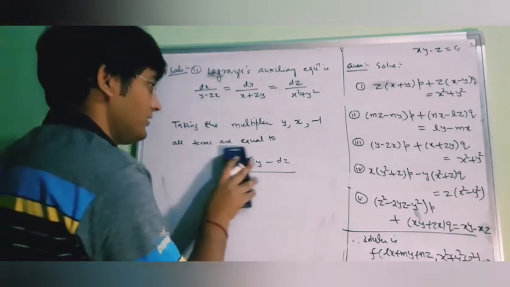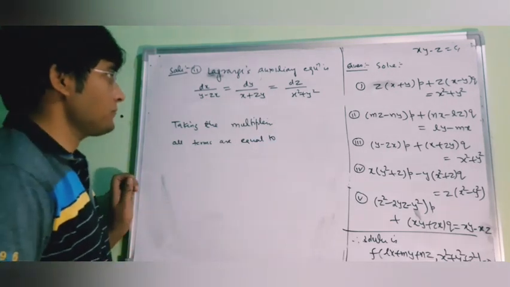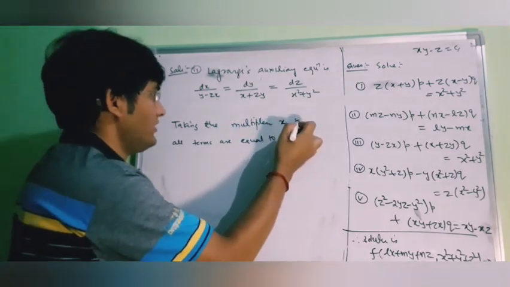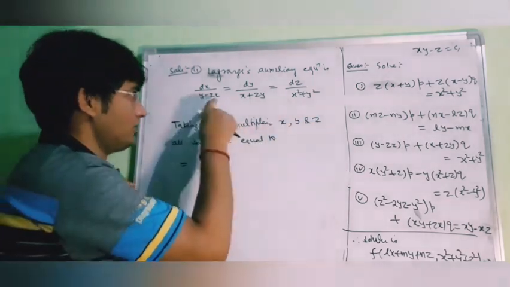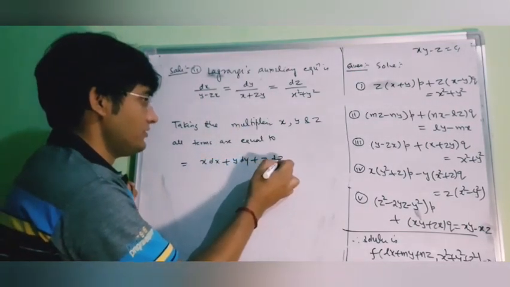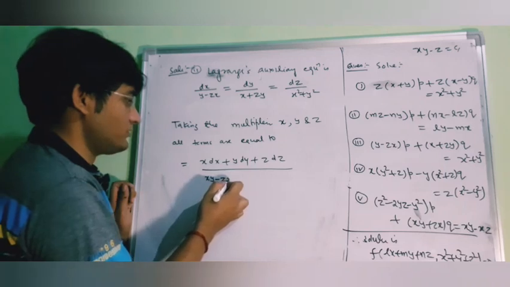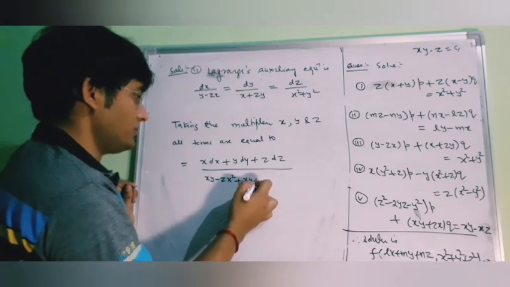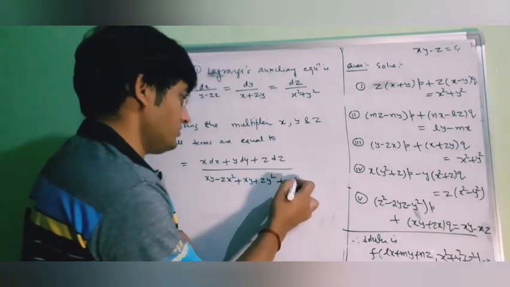Now let us guess another multiplier. Now if you take the multiplier as x, y and z, then let us see what happens. So now the first term will be x dx plus y dy plus z dz upon this first term will be your xy minus zx square, then the second term will be your xy plus zy square, and the third term will be your z into x square plus y square.